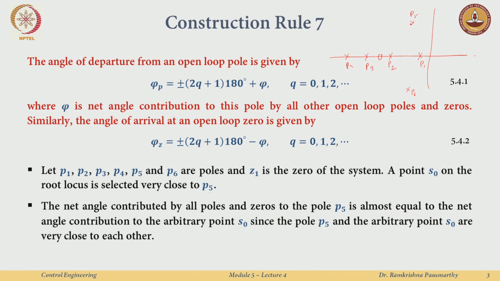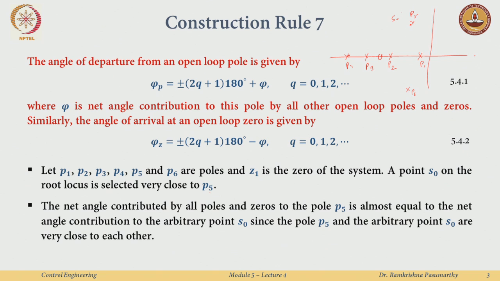Let us say I take a point very close by here, and I call that point S0. For this S0 to lie on the root locus, it must for sure satisfy the angle criterion. It is very close by.